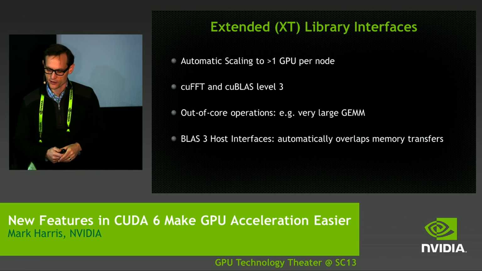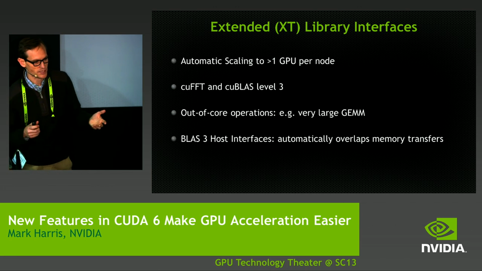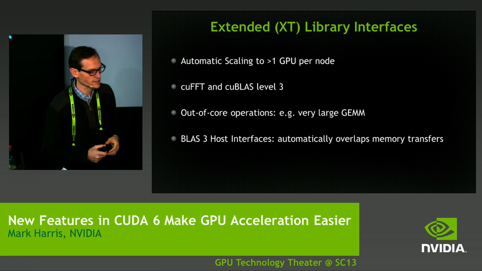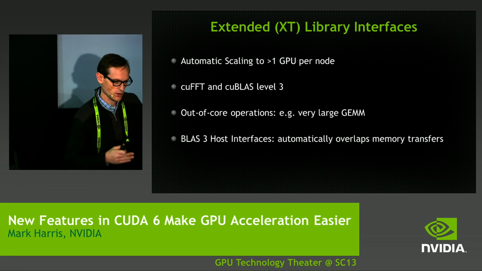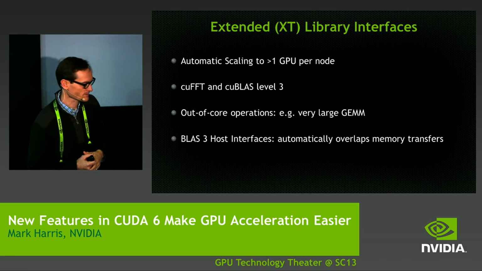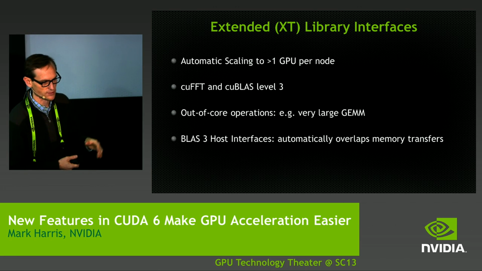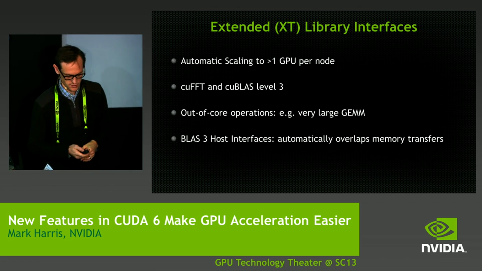And it also provides out-of-core operation for BLAS level 3 operations like large matrix-matrix multiplies. The BLAS 3 interface is a host interface, which means that you pass it pointers to CPU memory. And so it tiles up the matrices and automatically overlaps transfers between the CPU with computation on the matrix.